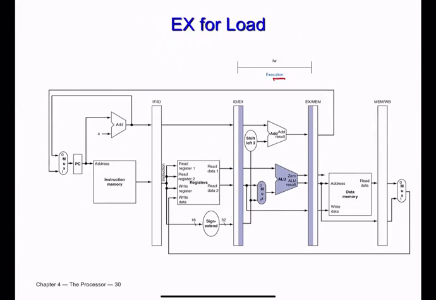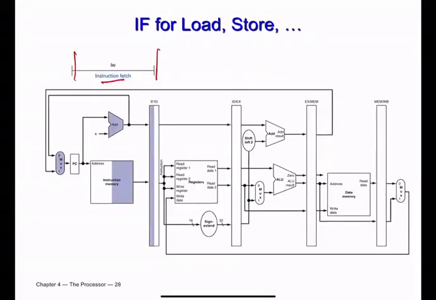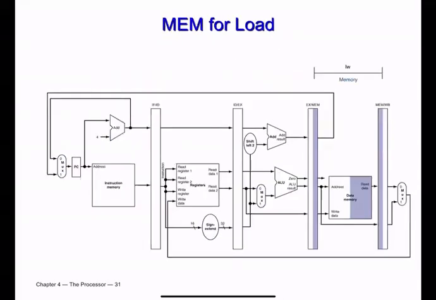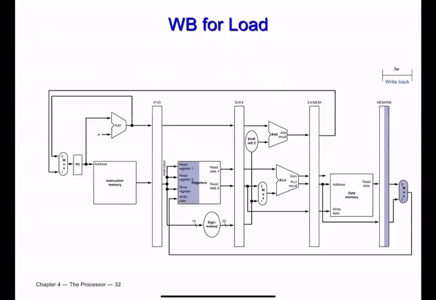So I took one instruction, and I'm just showing you how that instruction will pass through the different stages in my data path. It is the same instruction, the load word, as I showed you here. It's still the same load word, same load word, and then this load word at the write back.